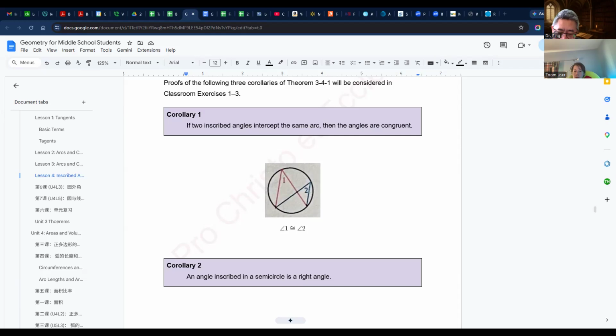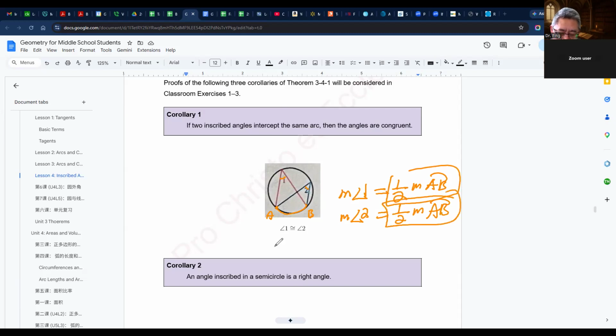In this case we have angle 1 and angle 2, and they both intercept the same arc. Let's call the endpoints A and B. The measure of angle 1 is half the measure of arc AB, and the measure of angle 2 is also half of arc AB. So the measure of angle 1 is equal to the measure of angle 2.